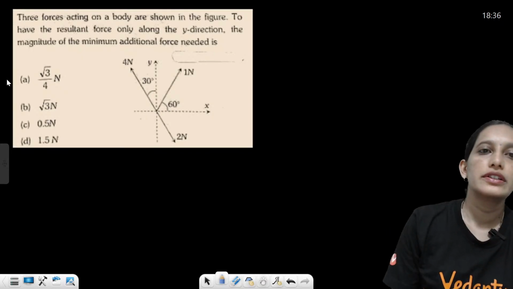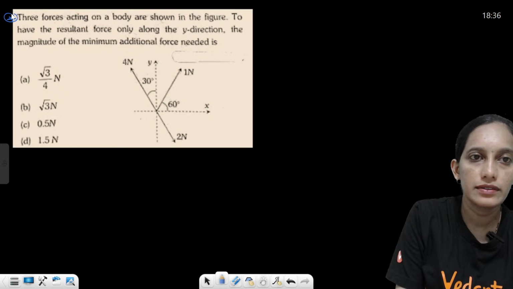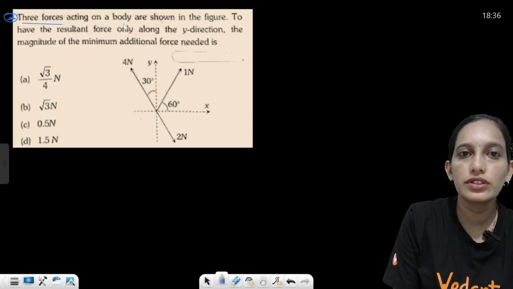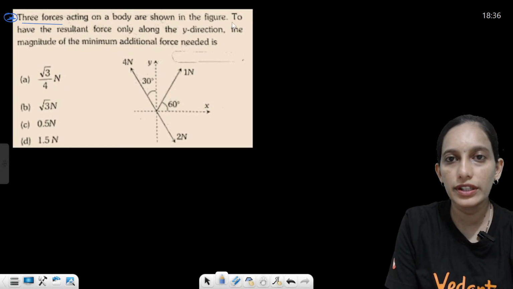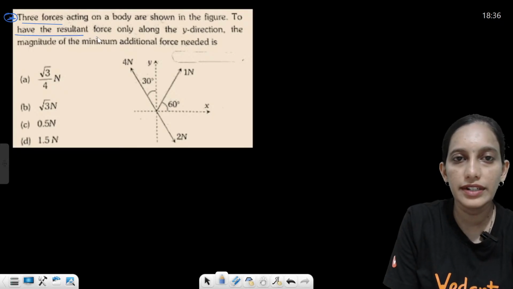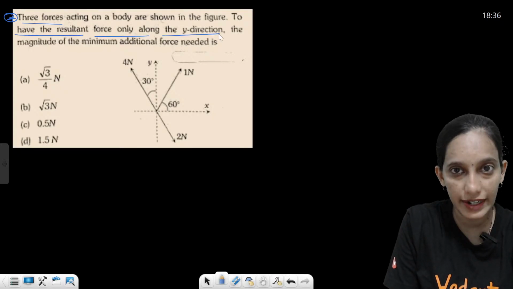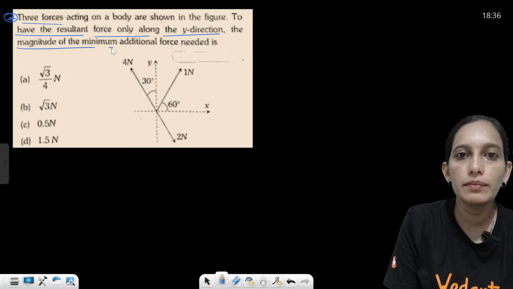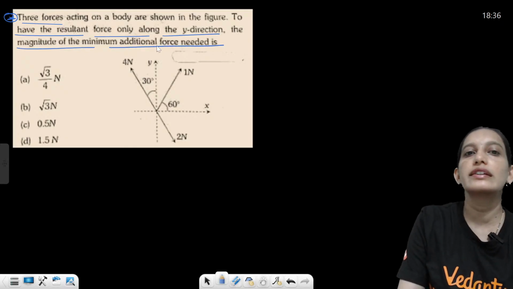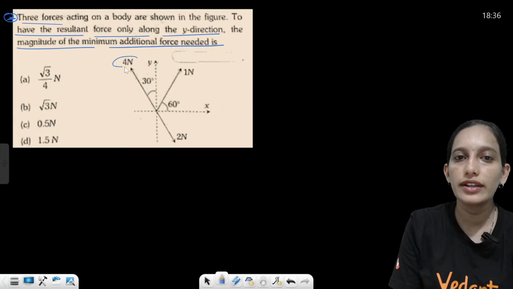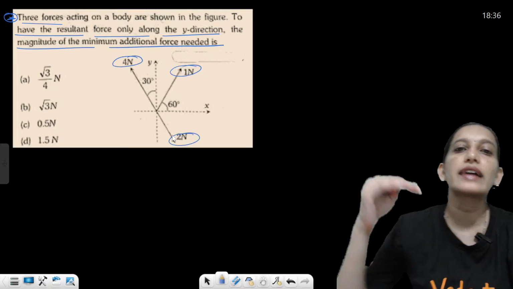Okay, so let us see what the next question is. Three forces acting on a body are shown in the figure. To have the resultant force only along the y direction, the magnitude of the minimum additional force needed is. Here three forces are given: 4 Newton, 1 Newton and 2 Newton, acting at angles.